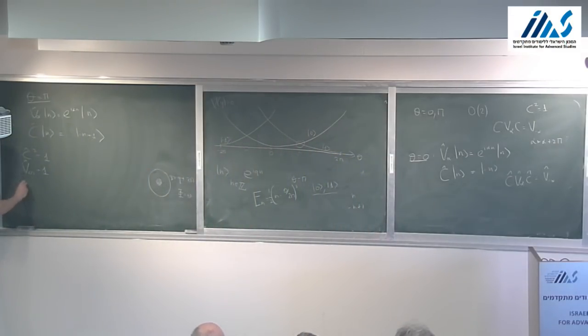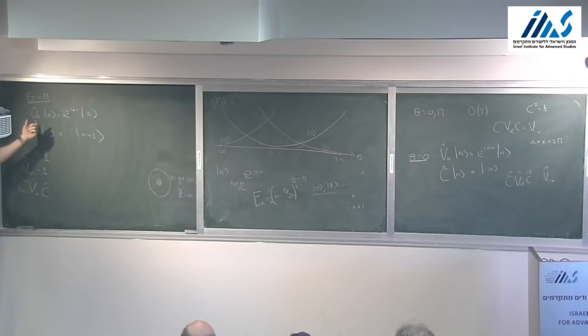However, if you compute this, you get something interesting. You can try to compute it. It's straightforward. You can compute it on the state n. And what you find is that the classical group relation is not obeyed. So you can try to take the state n, acting by c, you get minus n plus 1. Then you rotate, you get e to the i alpha times minus n plus 1.